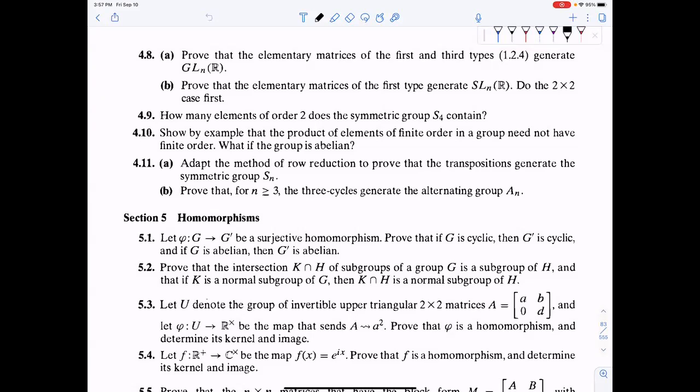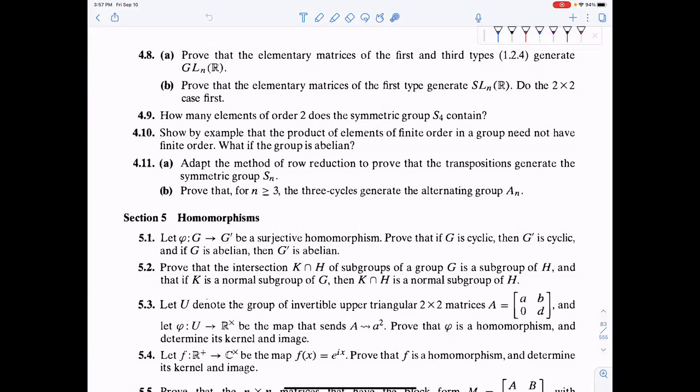Is this a cyclic group if it has a finite order?